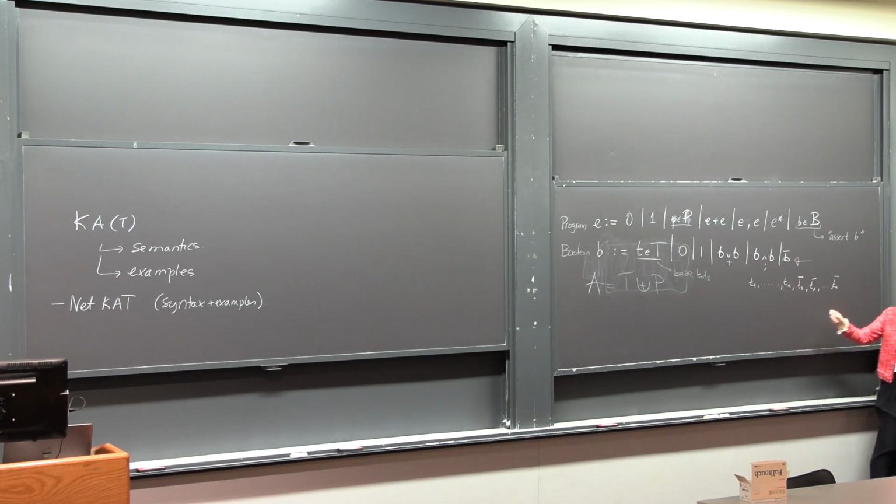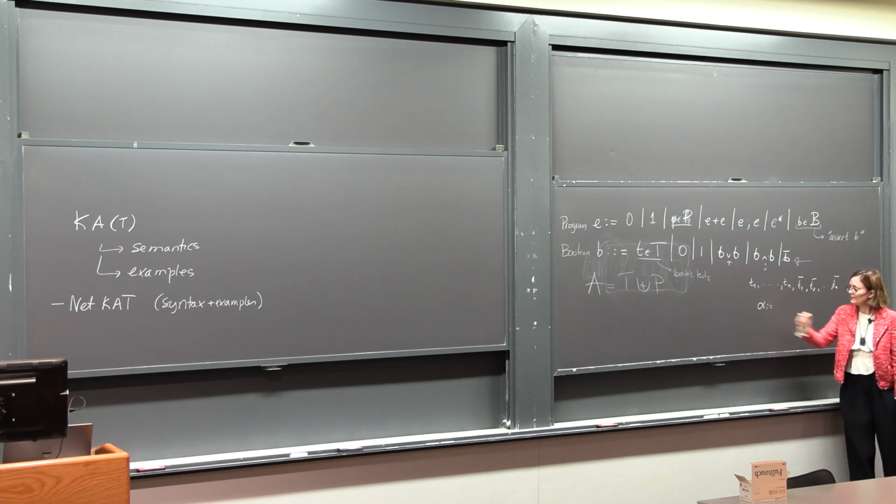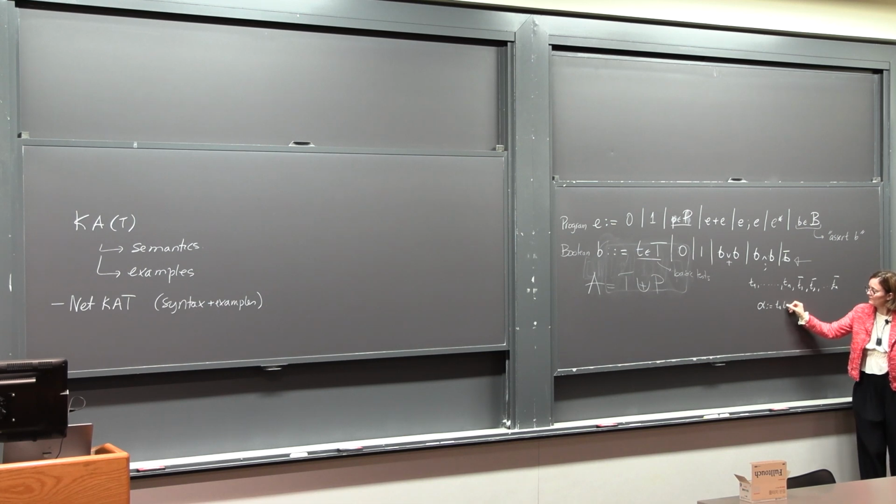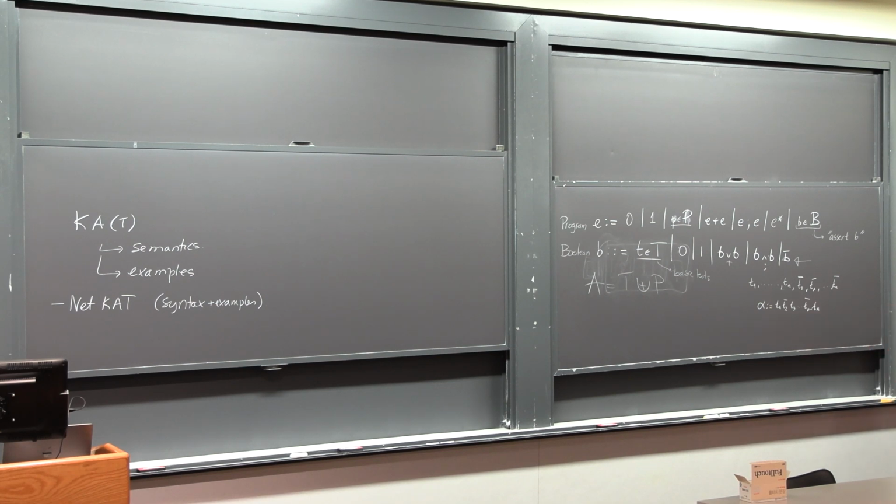And now, if I write a list or a sequence of basic tests that can either be positive or negative, and I have to have exactly one per variable, what I have here is what is sometimes called a full test or a valuation, because it tells me exactly, for each Boolean variable, whether it's true or false.